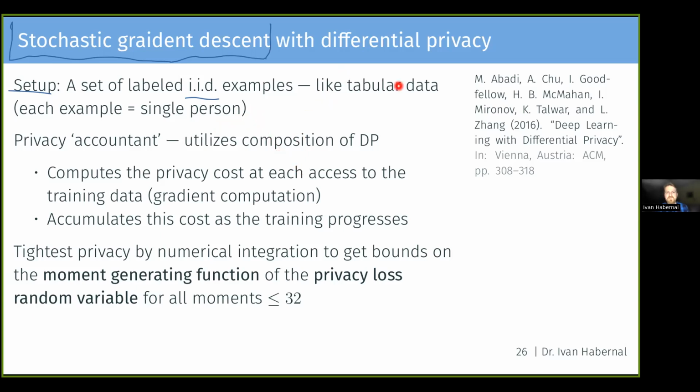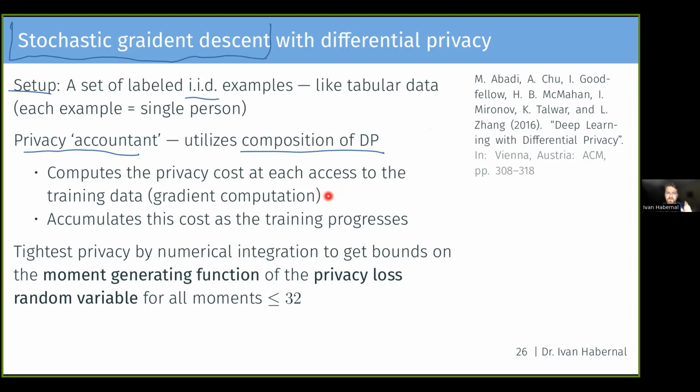In this paper from Martin Abadi and other people, when they proposed this algorithm, they use a privacy accountant, which utilizes composition of the mechanisms we're talking about right now. This accountant computes the privacy cost at each access to the training data. When we're training with stochastic gradient descent, we compute gradients over time and multiple times over maybe the same data.